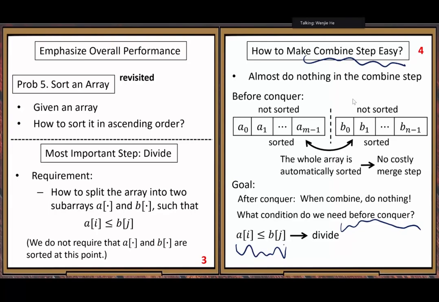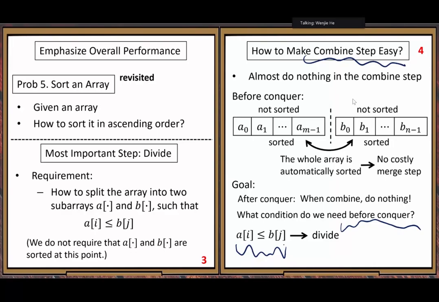We cannot require that because sorting is too costly. So we don't want to do too much work in the divide step. The sorting part, we leave it to the conquer step. So we don't worry about all the information in these two subarrays.